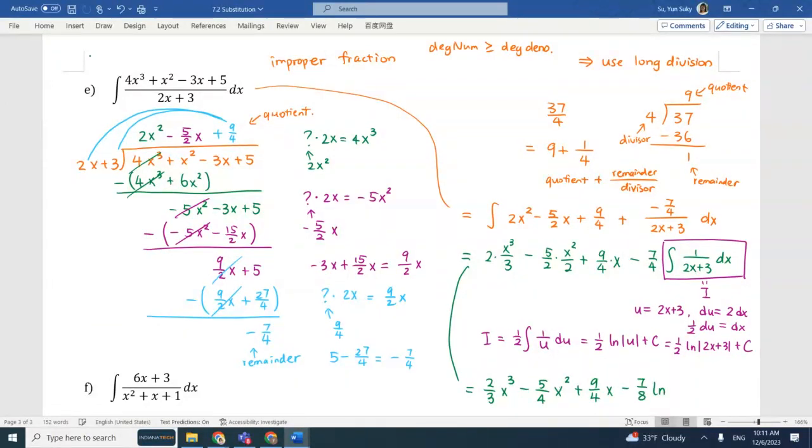And then ln of absolute value 2x plus 3, and then plus c. That is the final answer.